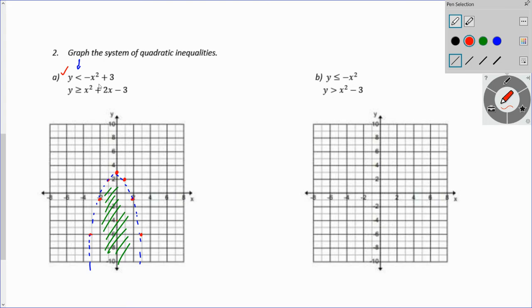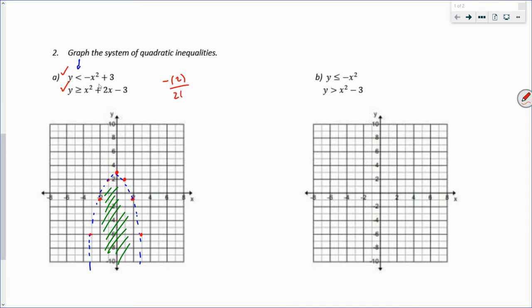Now, starting all over on this one, we'll go negative b over 2a and get -1. We plug in -1. We'll get -4. So we go -1, -4.